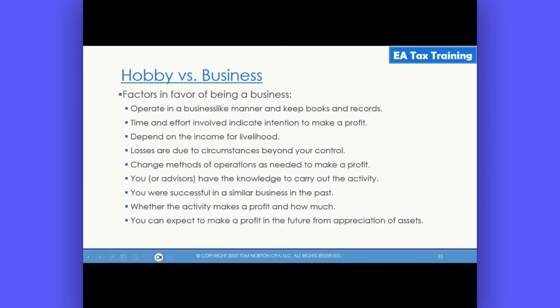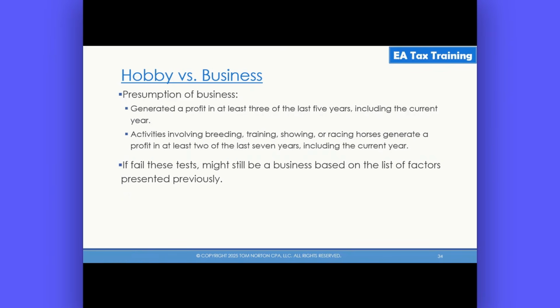There are certain times when there will be a presumption that it is a business, and the IRS will not argue. If the activity generated a profit in at least 3 of the last 5 years, including the current year, then the IRS will presume that it is a business.